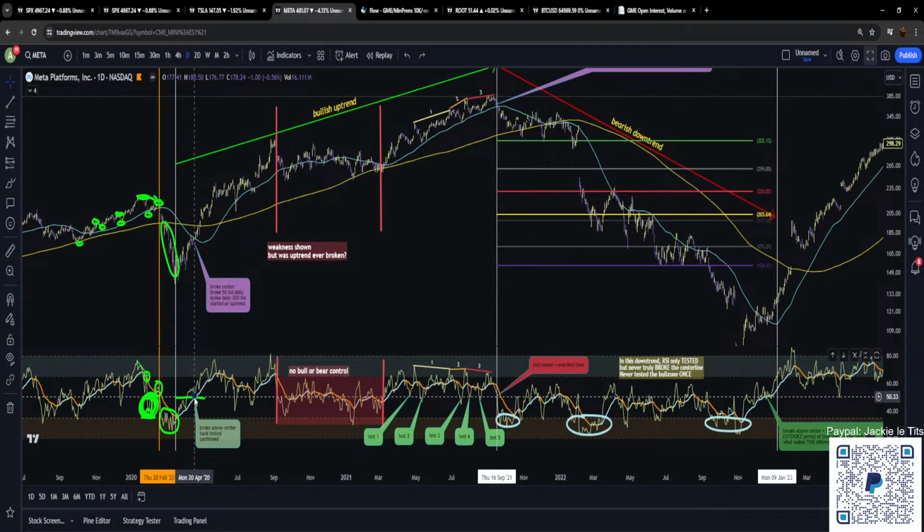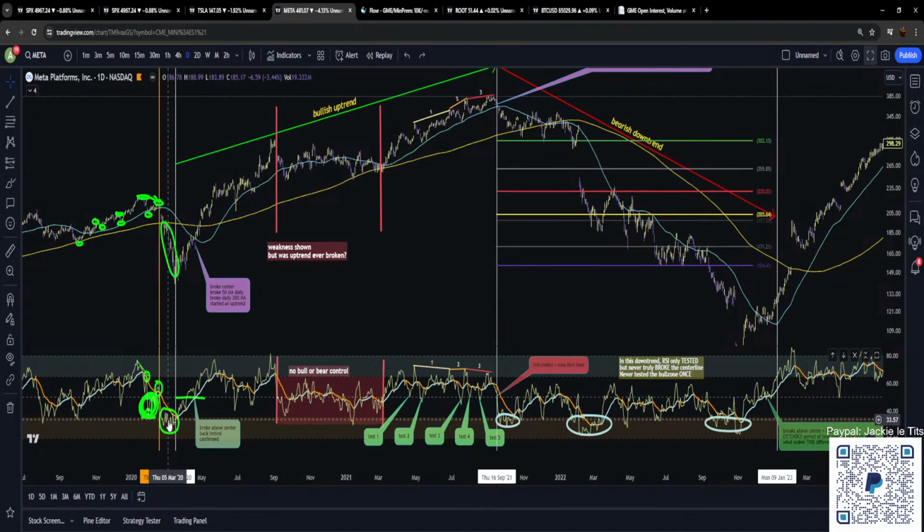Because underneath the center line, underneath 50, is where bears have the most control. Underneath center is the bearish side of things. And if the RSI stays underneath the center, it confirms that bears continue to take control.